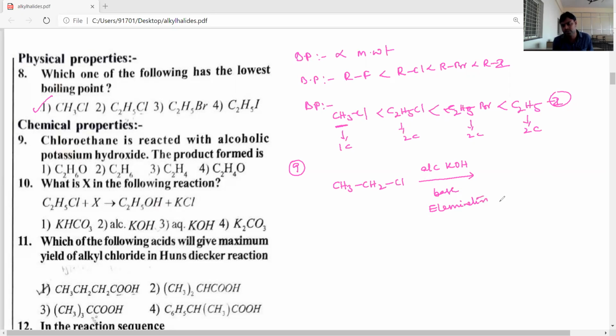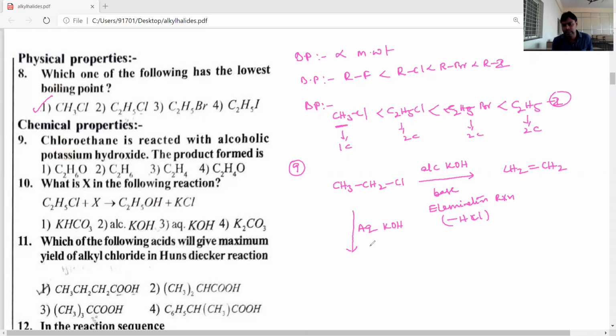Elimination means dehydrohalogenation, loss of HCl, then the product is CH2=CH2. Ethene is the product.